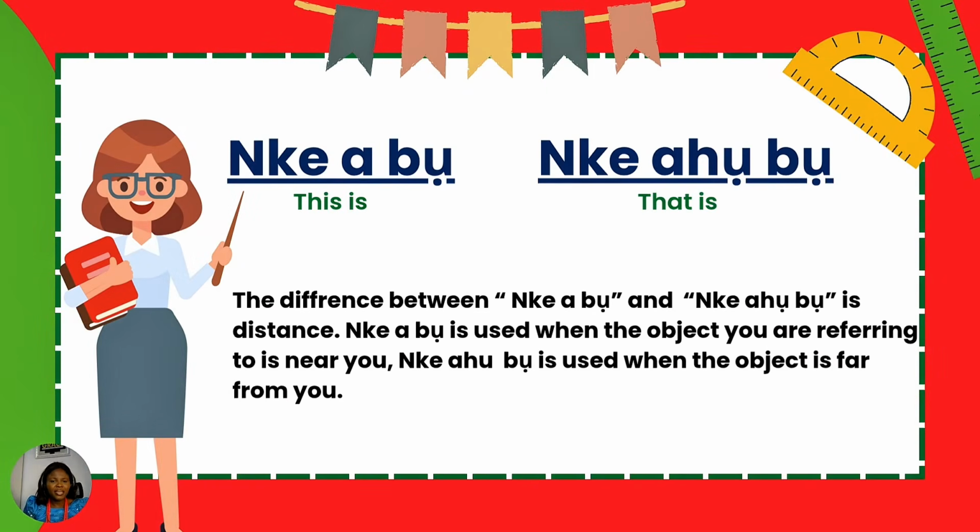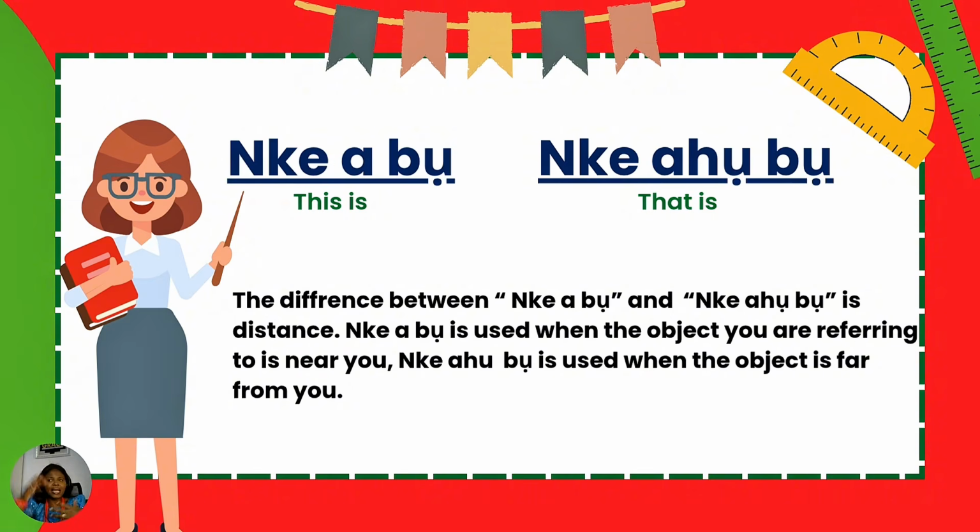Now, the first thing we will see is nkabo, this is. Say with me, nkabo. Nkabo, this is. Then we have nkahobo. That is. Again, nkahobo. That is. I wrote here that the difference between nkabo and nkahobo is actually distance.